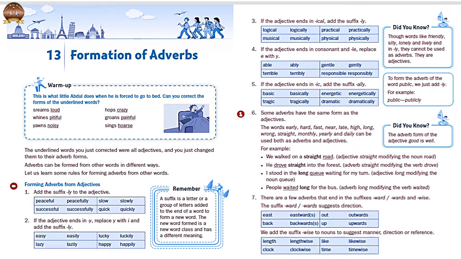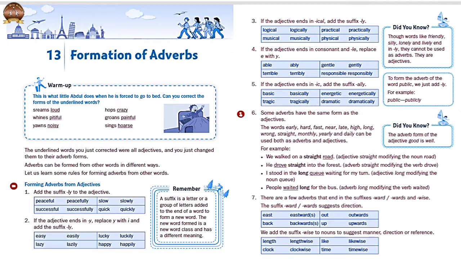Then sometimes we use suffixes ward, wards and wise too. These suggest manner, direction or reference. Sometimes they completely change. Like for adjective good, the adverb is well. That you need to keep in mind.